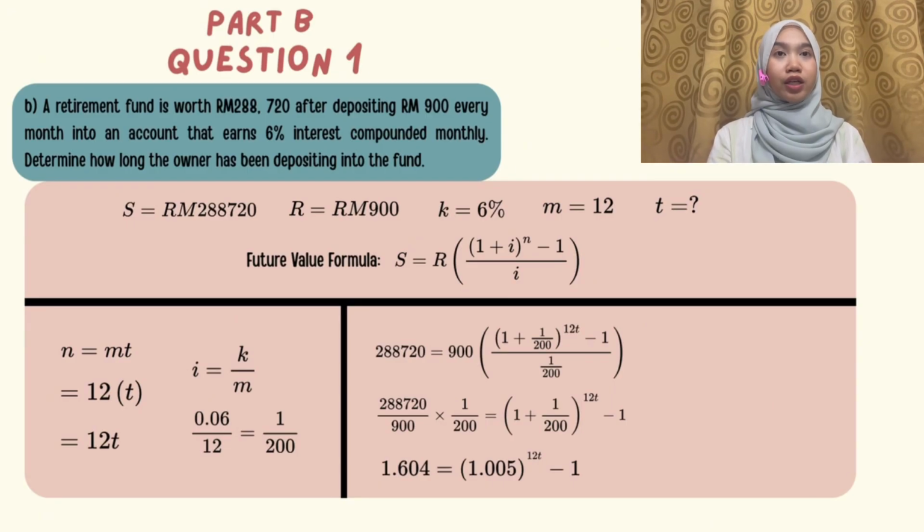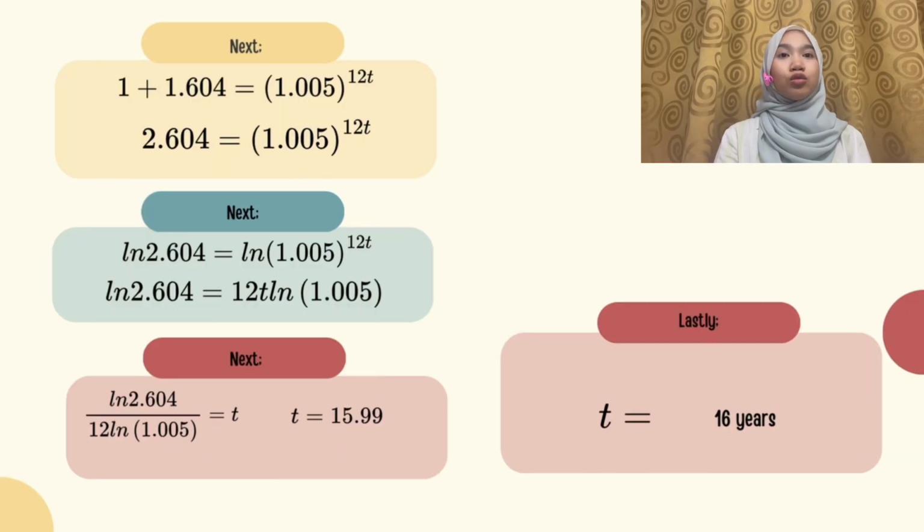Next, we substitute all the values into the formula, and we got 288,720 equal to 900 open bracket open bracket 1 plus 1 over 200 close bracket and the power of 12t, and minus 1 and over 1 over 200 close bracket, and we simplify the equation, and we got 2.604 equal to open bracket 1.005 close bracket and the power of 12t, and we have to use natural log on both sides to find the value of t, and t we got 15.99, and the answer is t equal to 16 years.